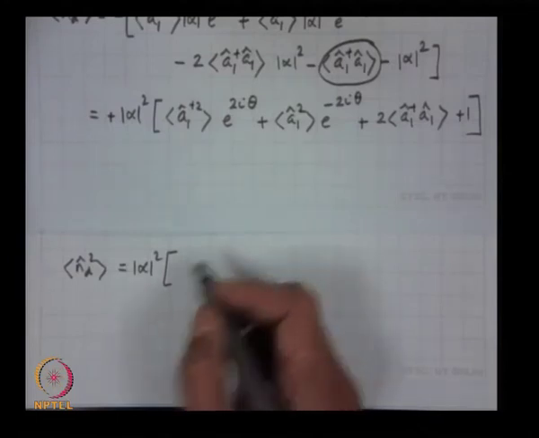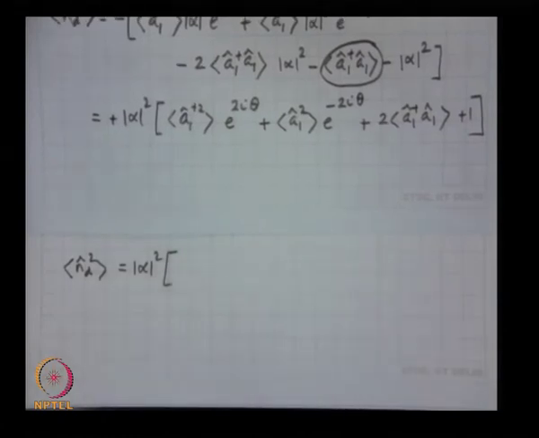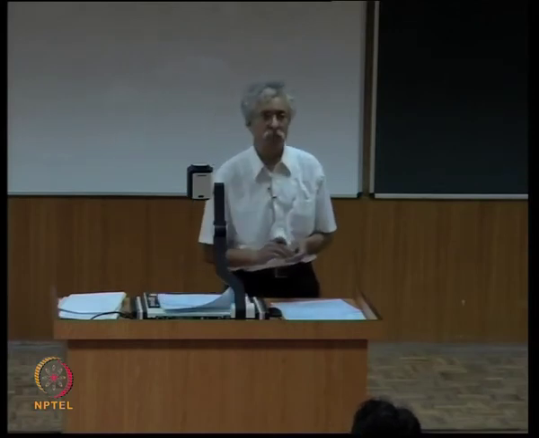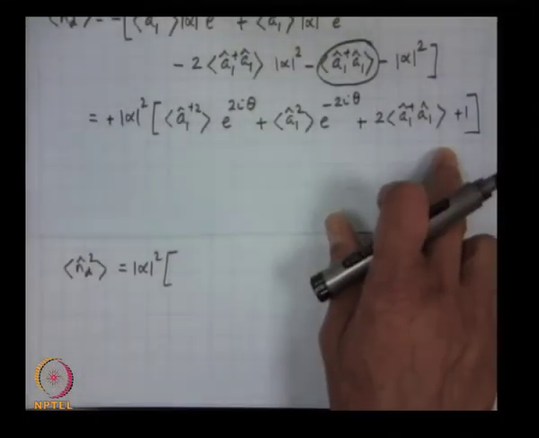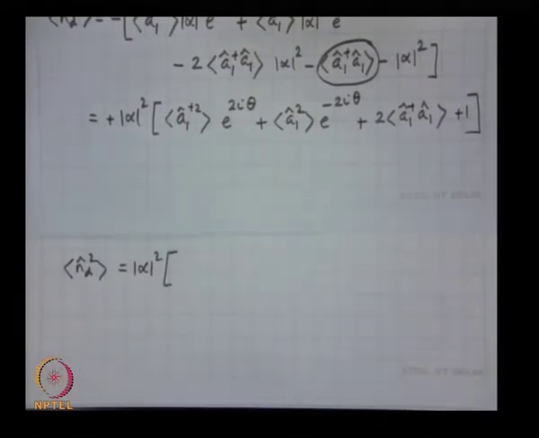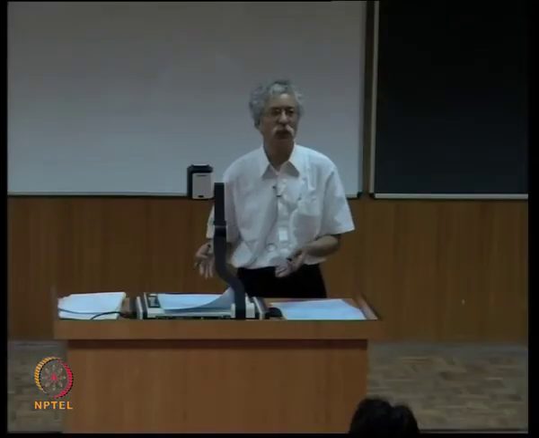Zero? Zero, yeah, Rasool. Sir, in this statement, this expectation value of ND square, if we again put theta equal to 0, can't we get x square? This is related to x theta. This is actually expectation value of x theta square. Yeah, I'm just keeping theta in general and I will tell you what happens.